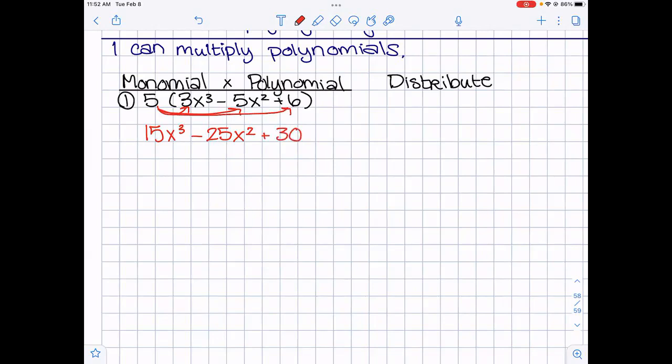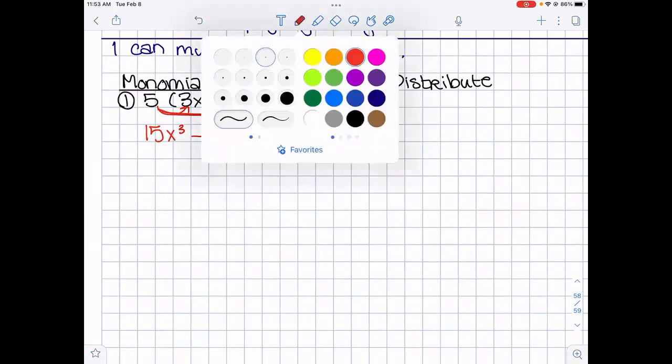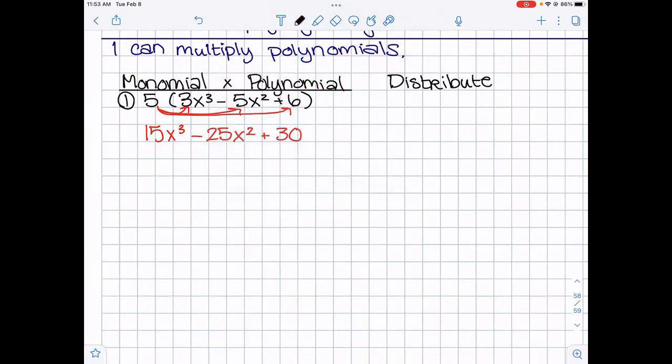Positive 30. Okay, we're just multiplying one piece at a time. Okay, that's it for this one. For this kind, it's going to get harder. Yes, like if you just have one term and then many terms.